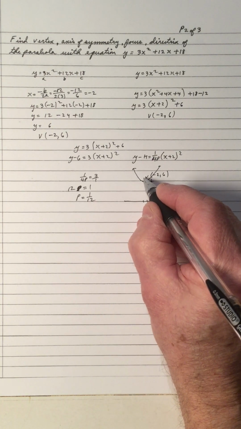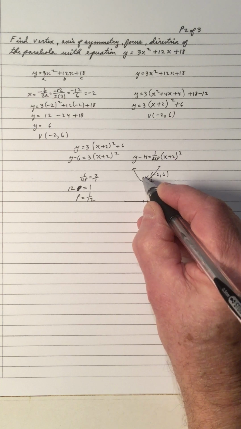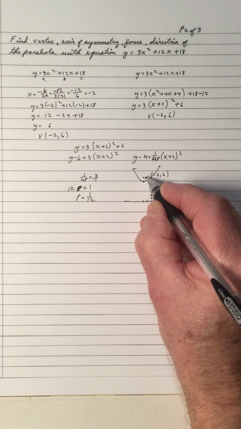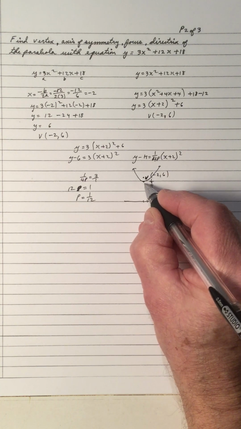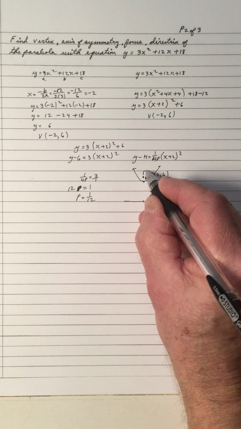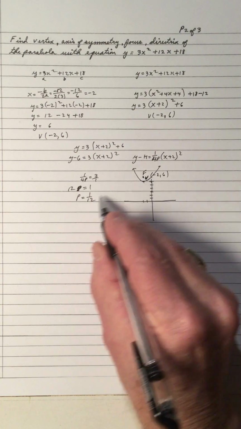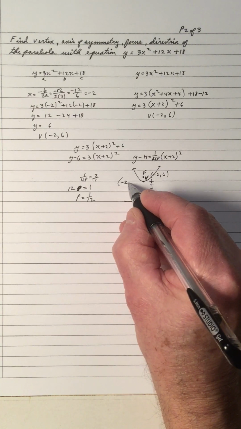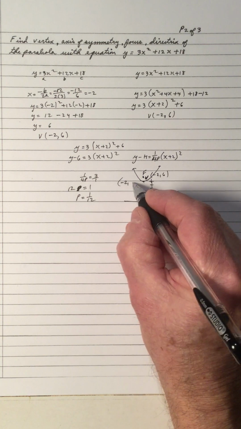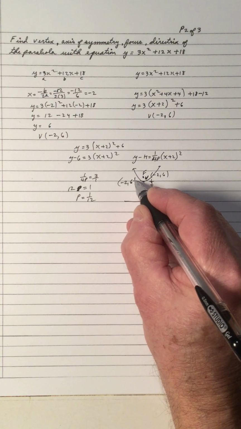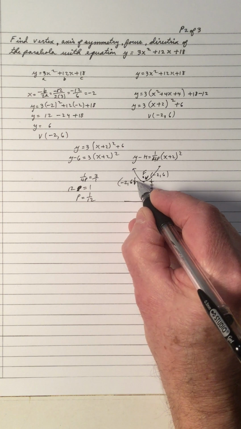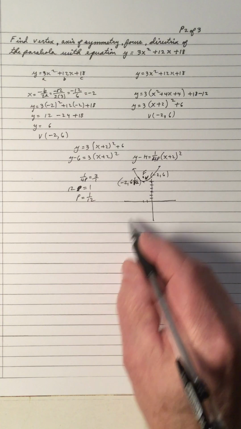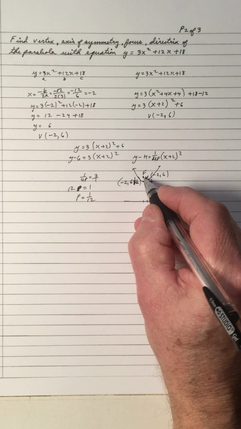The focus is inside of here. The vertex is right here, so we move up 1/12 for the focus. So this focus becomes x is negative 2 and 6 plus 1/12 is 6 and 1/12.